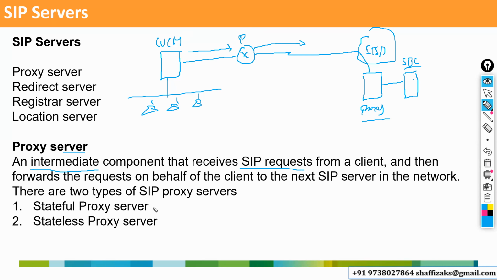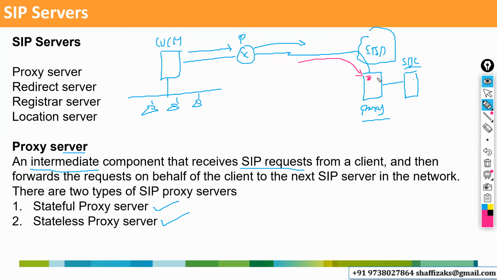But we have two types of proxy server: stateful proxy server and stateless proxy server. It's very simple. Let's take it on the provider end. Whatever request I'm getting here, it depends on what type of proxy you have configured, stateful or stateless. If it is a stateful proxy server, it keeps track of all the records.